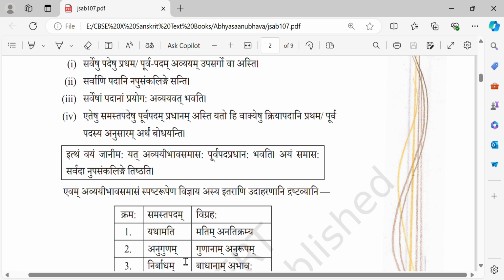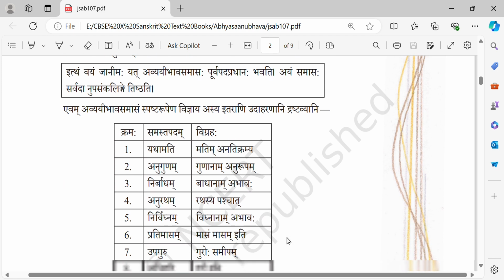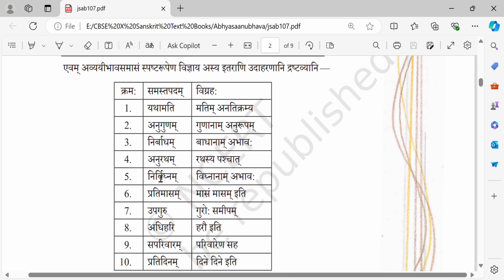Here we are moving to the explanation part. Evam avyayeebhava samasam spashta rupena vignaya asya itarani udaharanani drashtavyani. Now they have given samastapadam. Samastapadam means samasa. This is samasa, this is vigraha vakya.